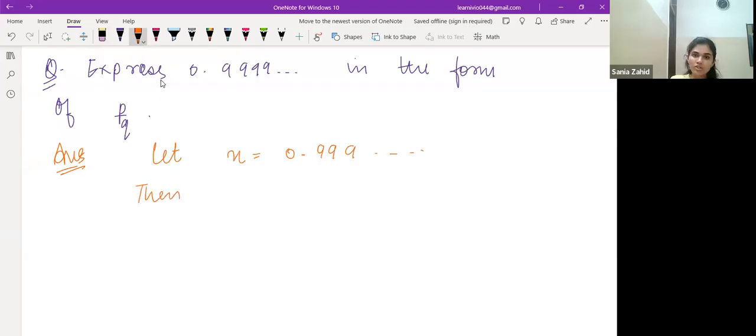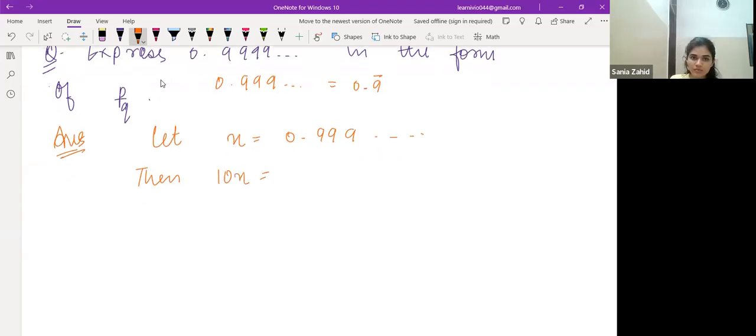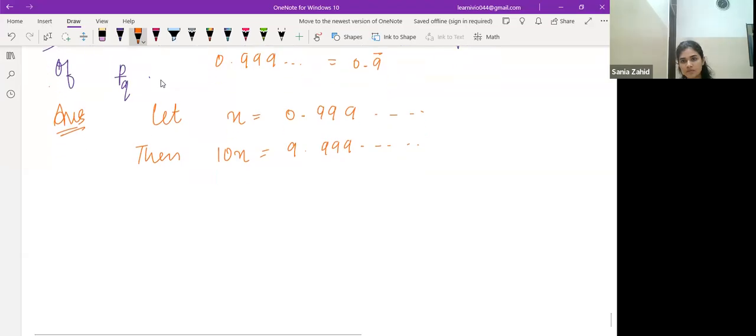Then, okay, children, now we know that 0.9999 can actually be written as 0.9 bar. So, we know bar is on one number and that is the first number only after decimal. So, we will take 10x now, right? So, 10x is equals to 9.9999. Then equation 2 will be subtracted from equation 1 and then we'll get 9x.